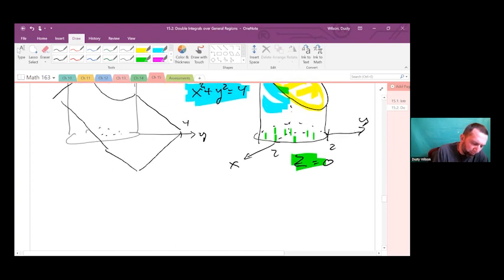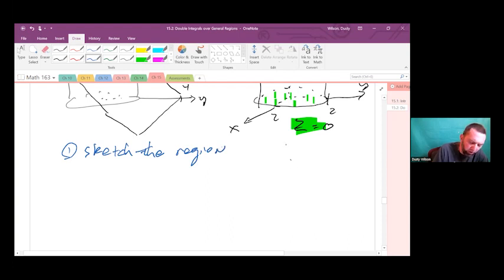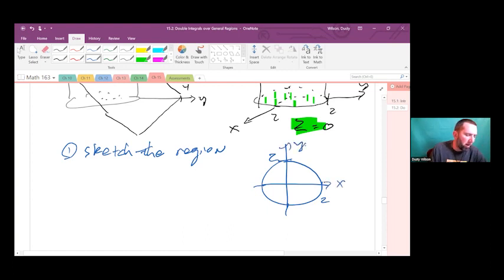So if we want to sketch the region, hope it's clear that the region will be this circular region here, radius 2. And we're going to skewer that region. We could go left to right or up and down, but it's probably easiest for us to go up and down. So you can think about all these arrows shooting from the bottom to the top.